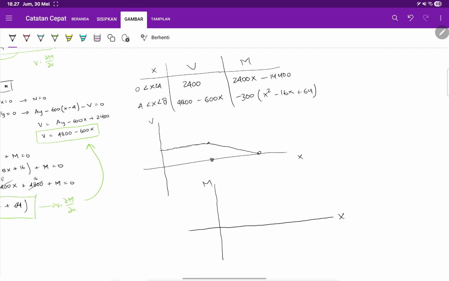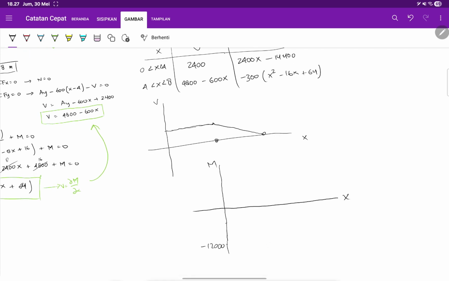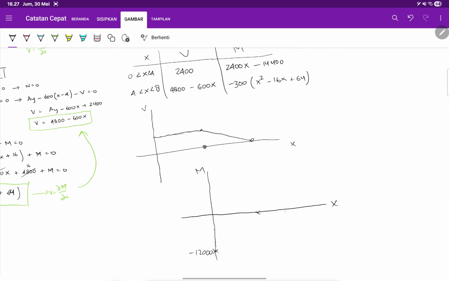The first one will be, if x equals 0, minus 12,000. Okay, x equals 4, let me calculate, minus 4,800.